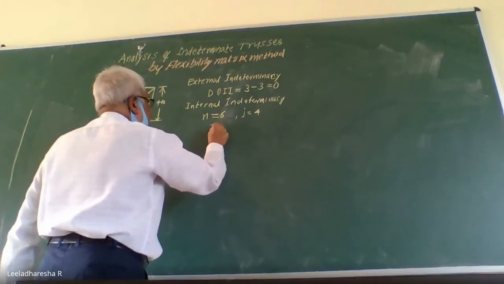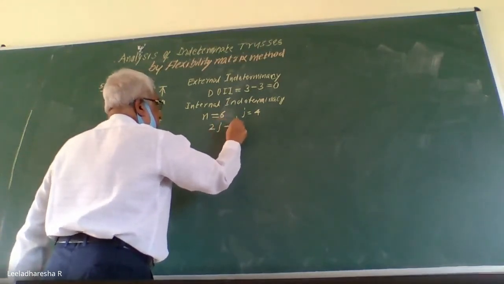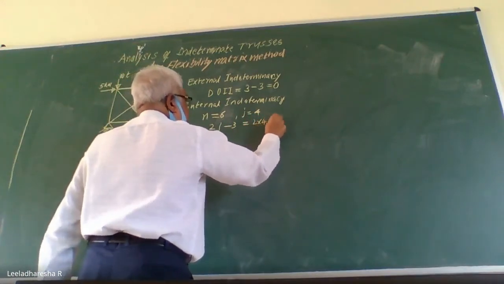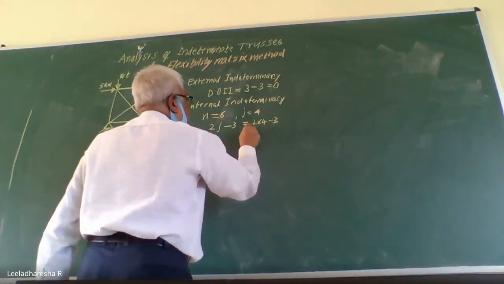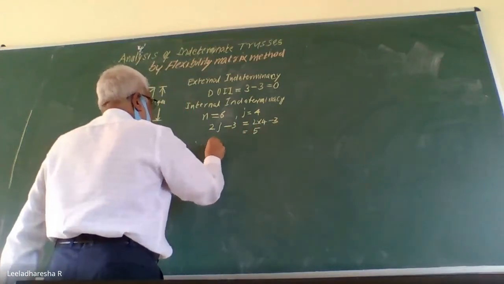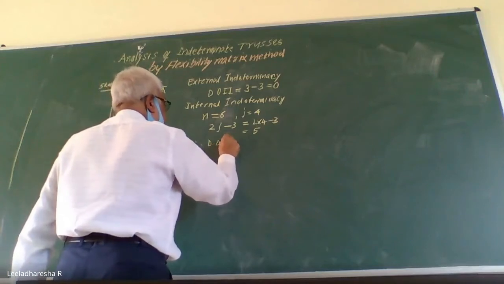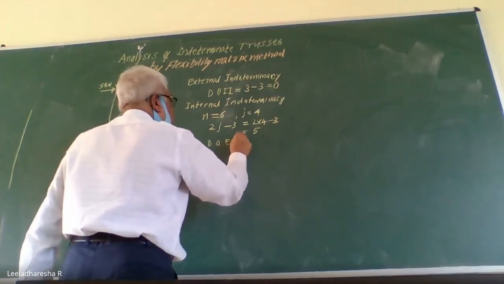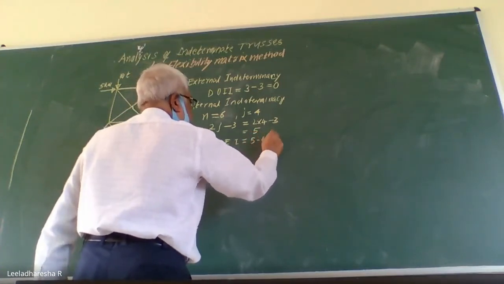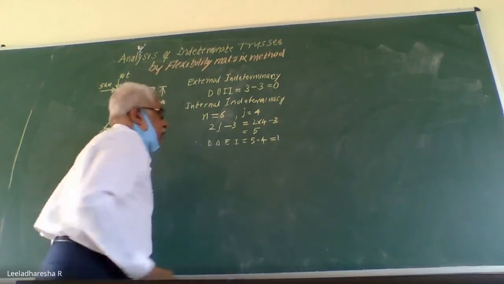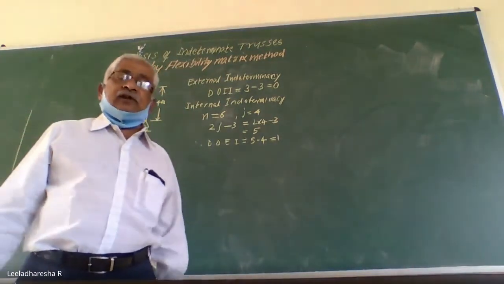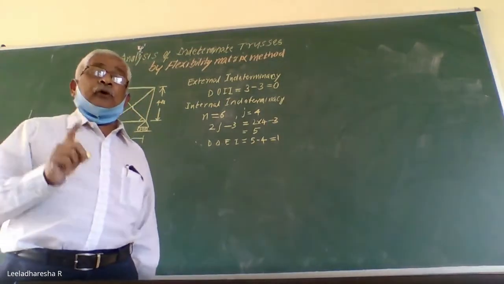Determine 2j minus 3: 2 into 4 minus 3 gives you 5. So the degree of internal indeterminacy is equal to 6 minus 5, that is equal to 1. So internally there is an indeterminacy, that is, one member is more than required.